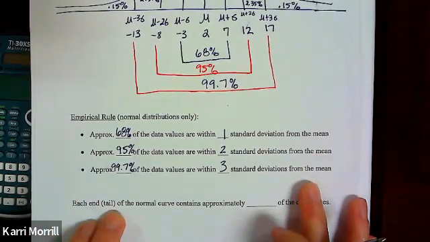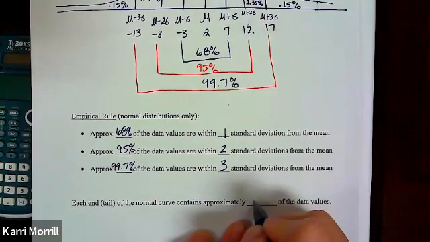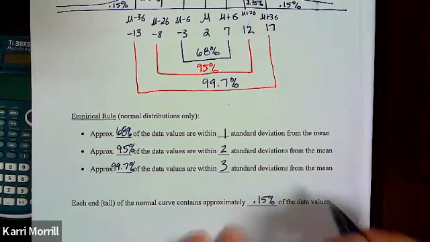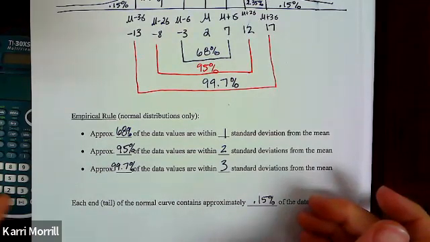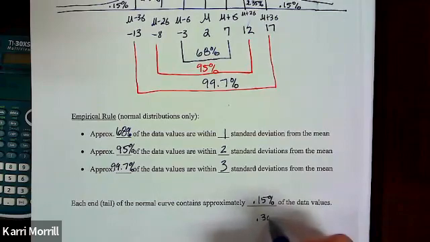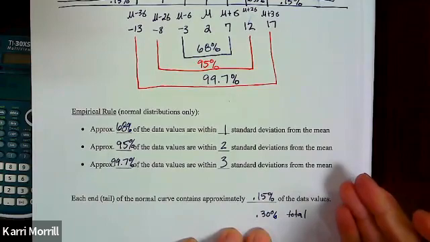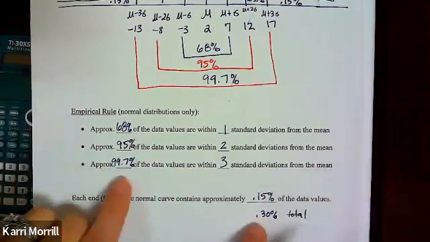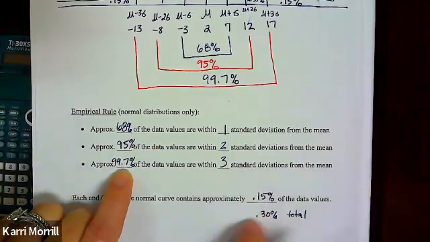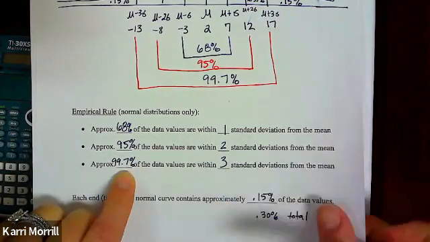Each end, we call the tail of the normal curve, contains approximately 0.15%. Now, that's each tail. That's not totaling them together like we did the other areas. If we totaled them, then that would be like 0.30 total. So if 3 standard deviations represented this, and then you added both tails to it, that represents the 100% that we're talking about under the curve.